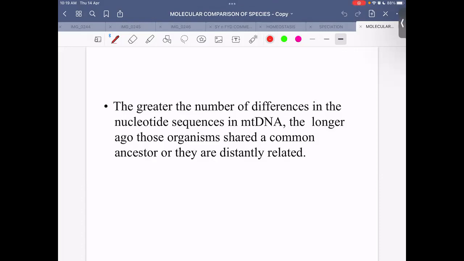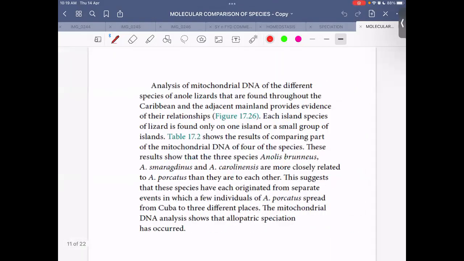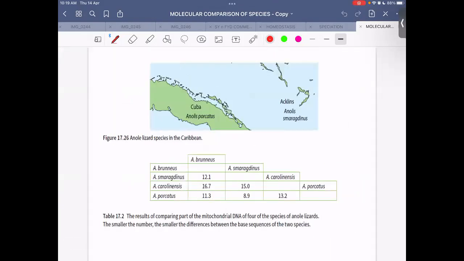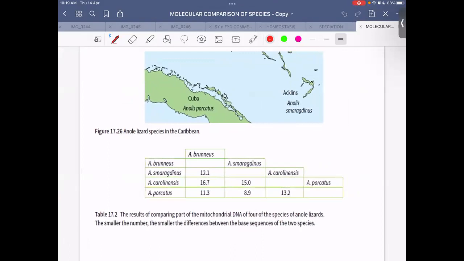Okay, so now in order to actually understand why we are doing this topic, we will do two questions, one question from your textbook and the other question from the past paper.